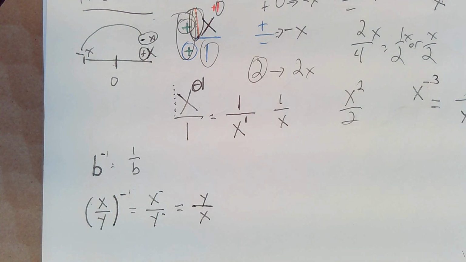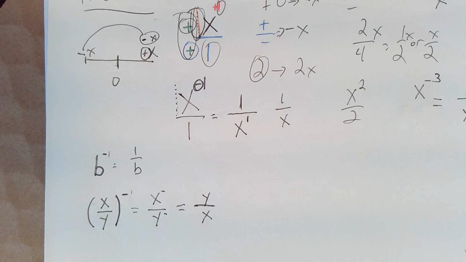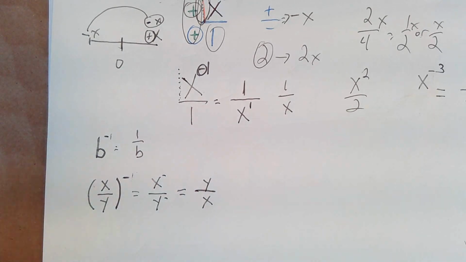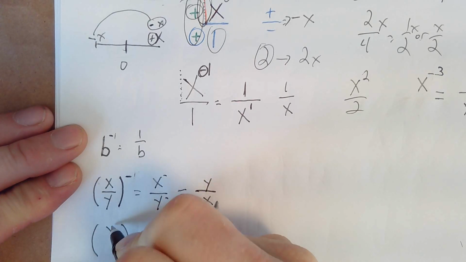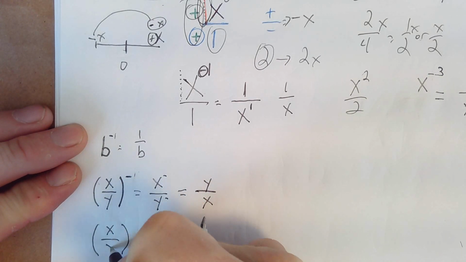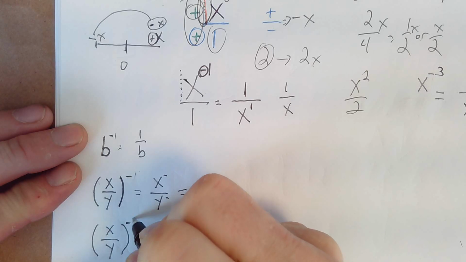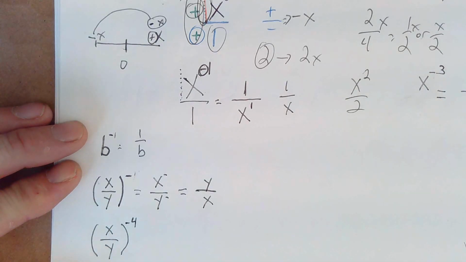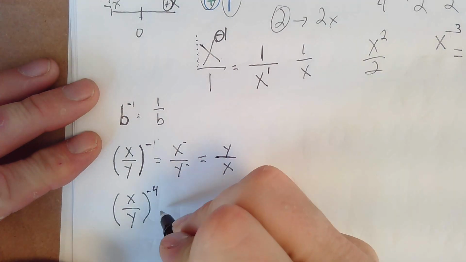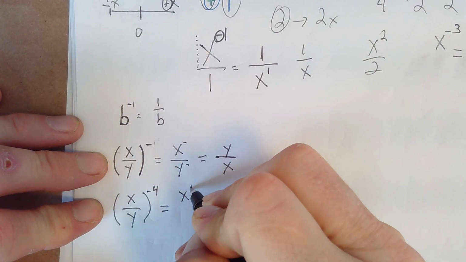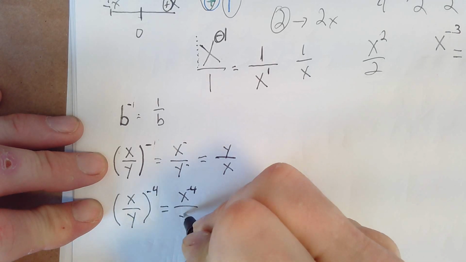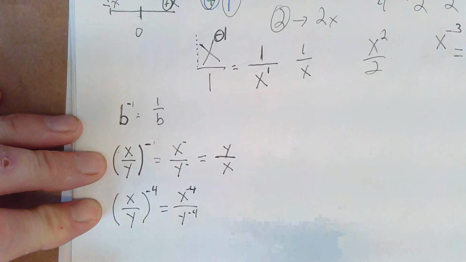Alright. Well, that's cool. So now, what if I had a term outside of this that had like an x over y, and it was all to the negative fourth. Right? Well, this can be expanded to x to the negative fourth over y to the negative fourth.